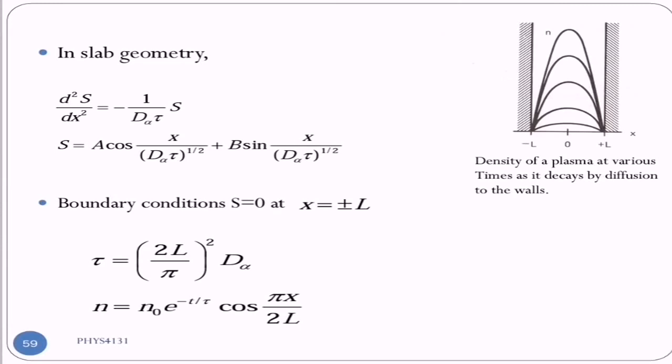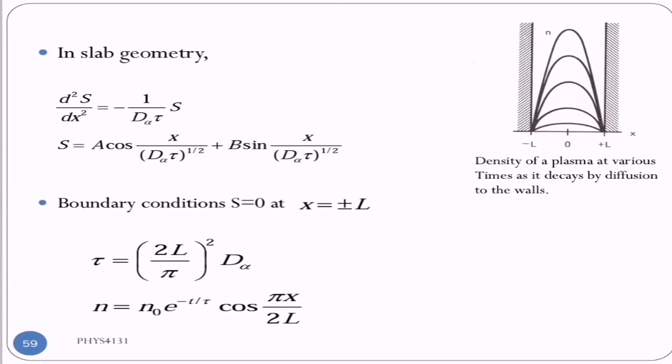Density of a plasma at various times as it decays by diffusion to the walls is shown in the diagram. The equation n is equal to n naught exponential to the power minus t over tau cos pi x over 2L is called the lowest diffusion mode.